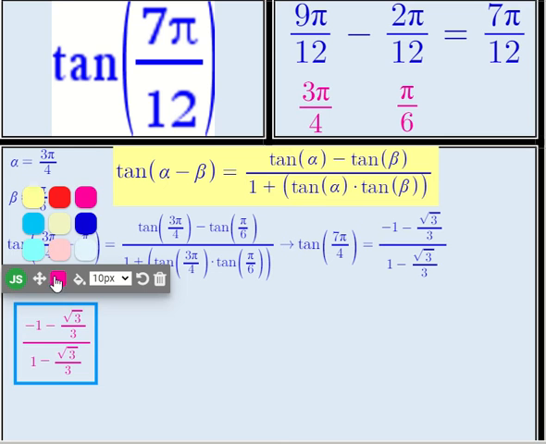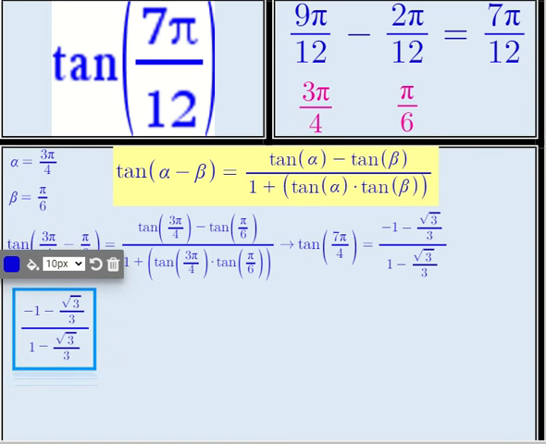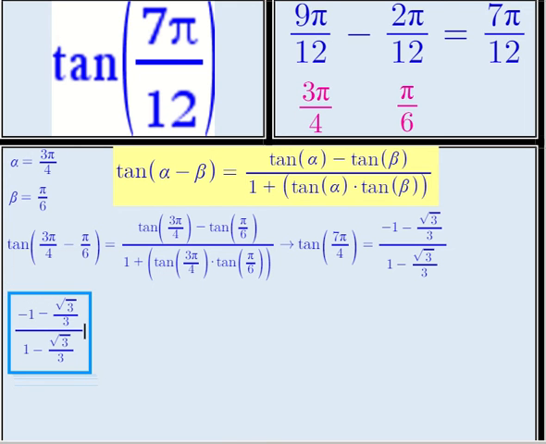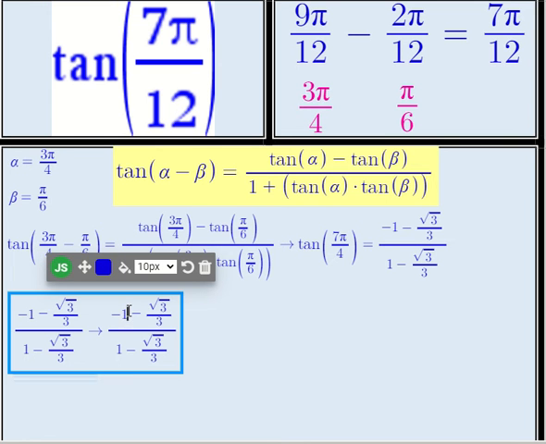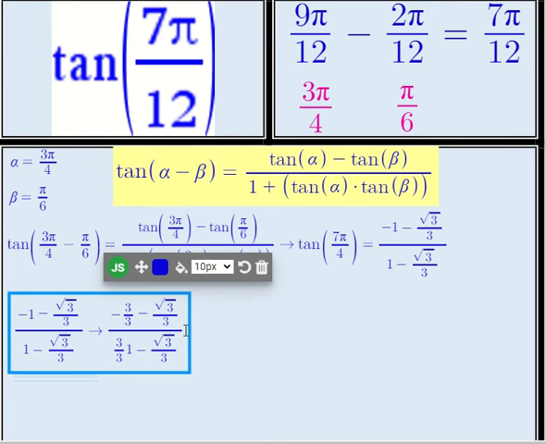Now, ideally, what we really want to make these clean up for us a little bit is to get a common denominator. So I'm going to rewrite the 1 and the negative 1 with a denominator of 3. So negative 3 over 3 replaces the negative 1, and positive 3 over 3 replaces the 1.